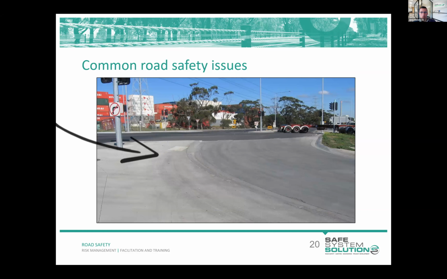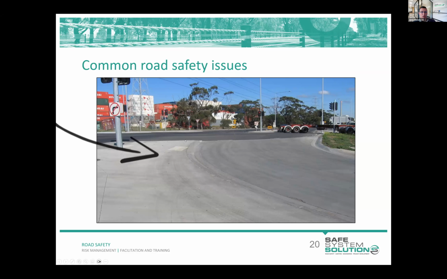Here we have a raised island, and trucks have been encroaching significantly on that island. You can see from the wheel marks through here that trucks have been tracking across this pedestrian crossing point here. Very little contrast between the road pavement, the concrete road pavement and the concrete island.